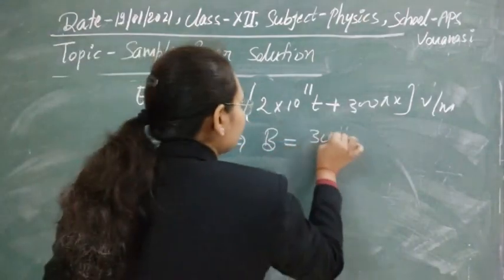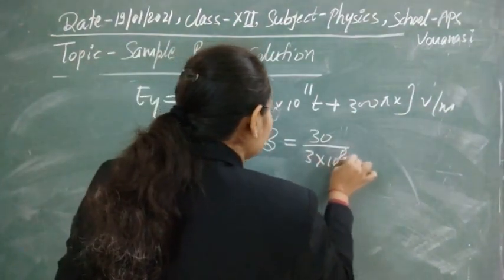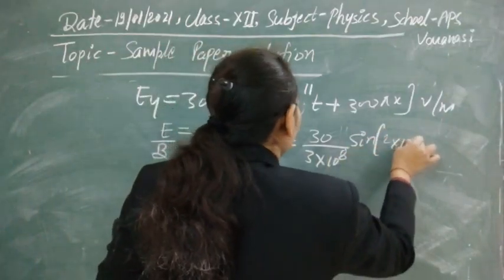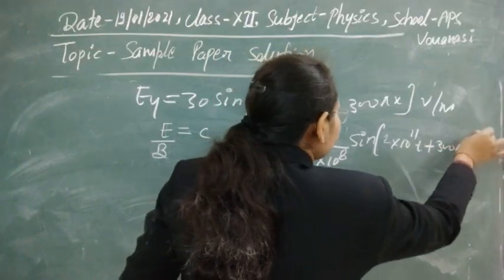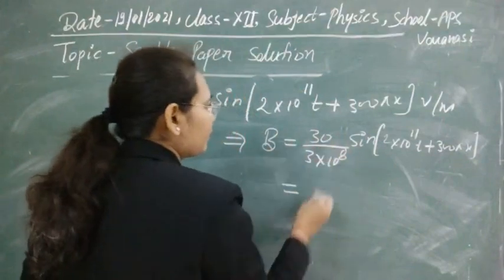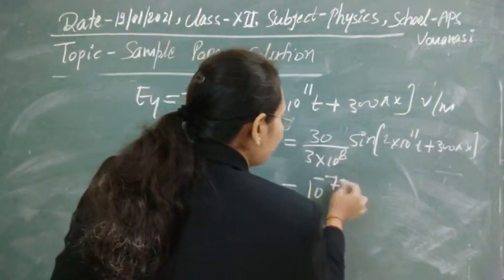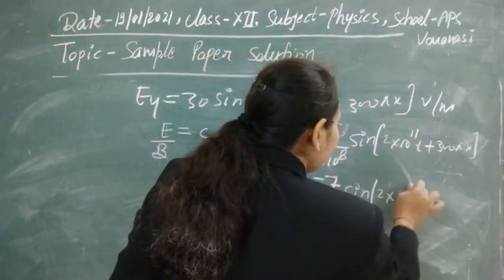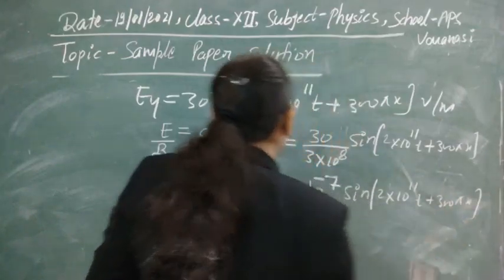So this will be 30 upon C, and then sine(2 × 10^11 t + 300 pi x) as it is. If you solve it, you will get the amplitude 10^-7, times sine(2 × 10^11 t + 300 pi x).